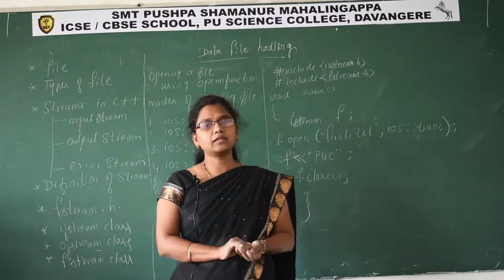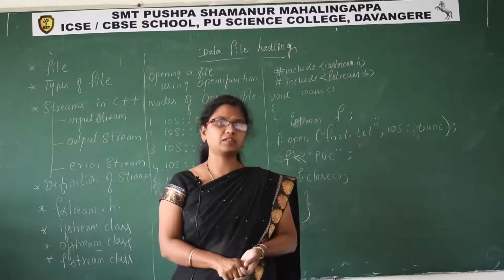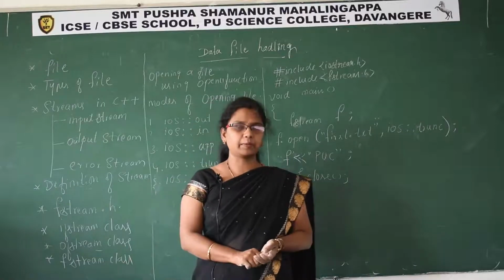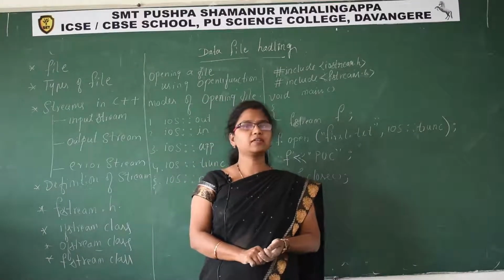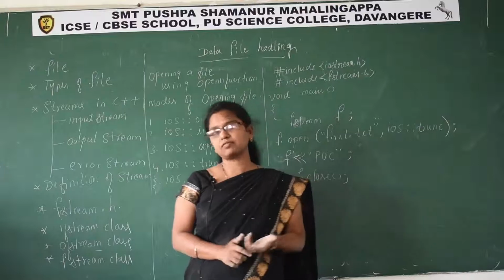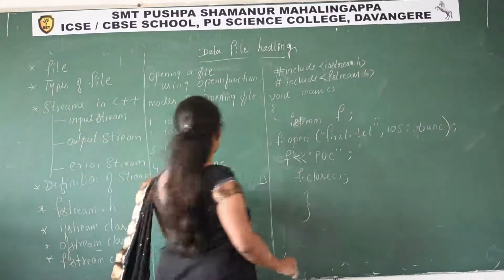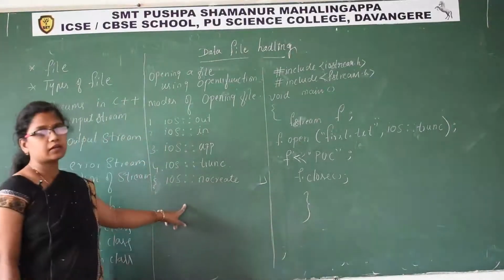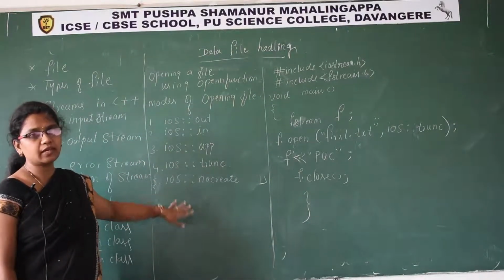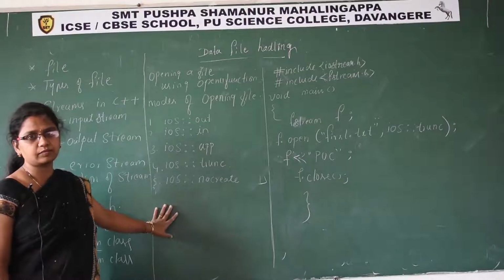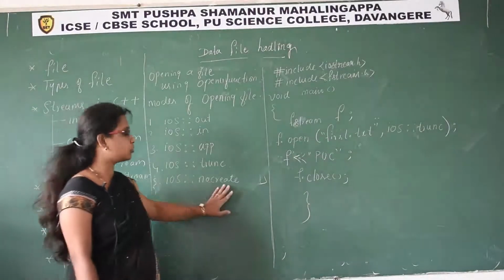If the file is not there, it creates that file and opens the file for write purpose. Okay. If I use this mode, no create mode, then if the file is not there, it won't create the file. So that is the importance of no create mode.